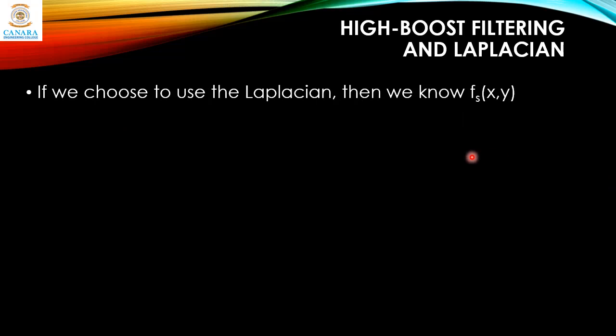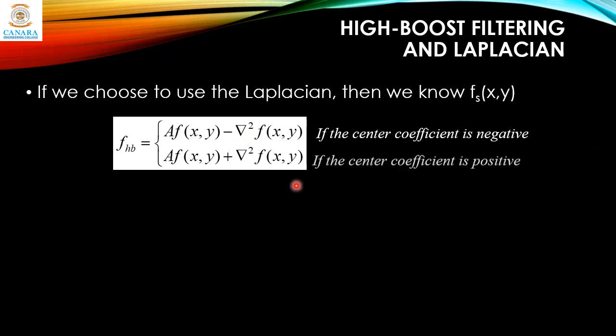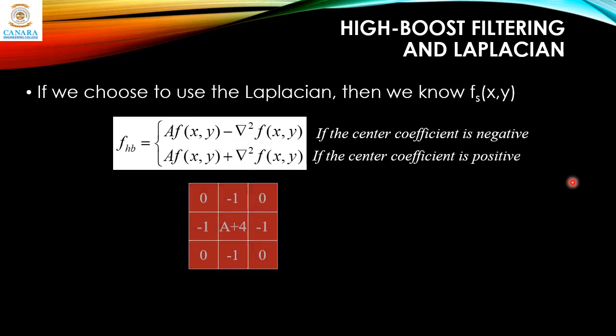If we choose to use the Laplacian, then we can express F_s(x,y) in terms of the Laplacian, and if we further simplify that previous equation, we arrive at this equation: F_hb is equal to A F(x,y) minus del square F(x,y), or plus del square F(x,y). If the center coefficient is negative, we use the minus del square, or if it is positive, we use the plus del square F(x,y) to get the high boosted version.